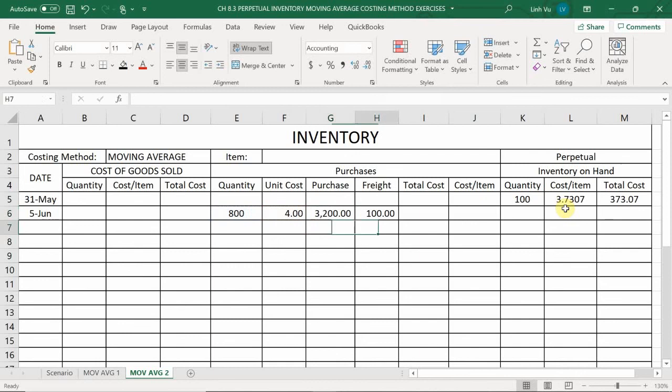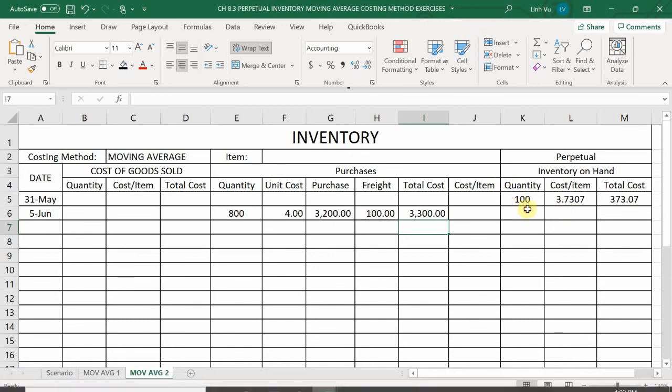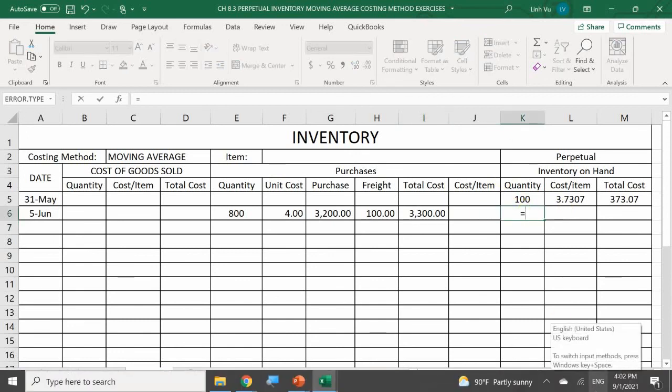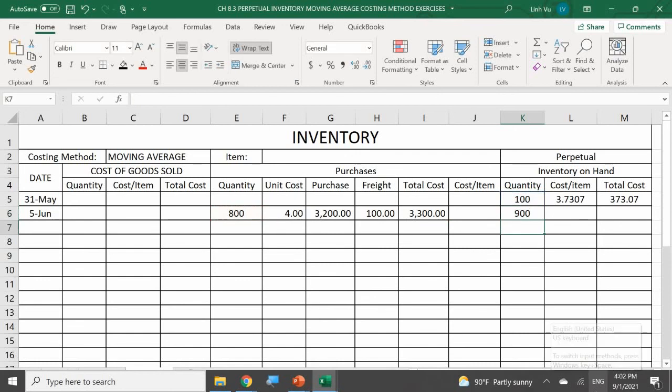Okay. Plus 100 gives me a total cost of 3,300. Now let's update our inventory because we no longer have 100 items. We have 900 items.